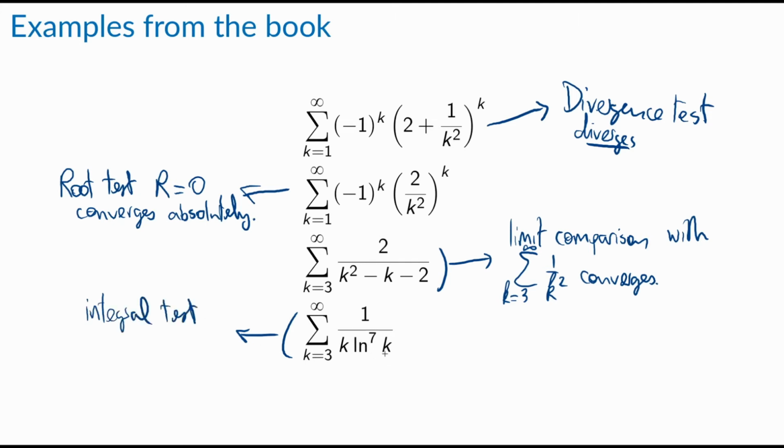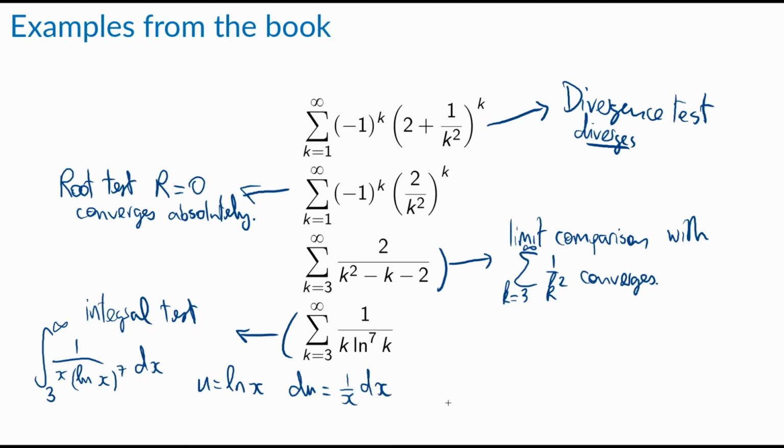And a hopeful thing that makes us feel good about using the integral test is that we're going to have to integrate from 3 to infinity of 1 over x natural log of x to the 7th power. And that just is screaming for a u substitution, right? So here we want u is natural log of x, du is 1 over x dx.